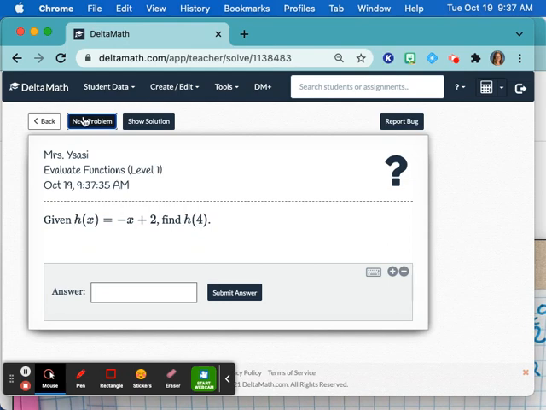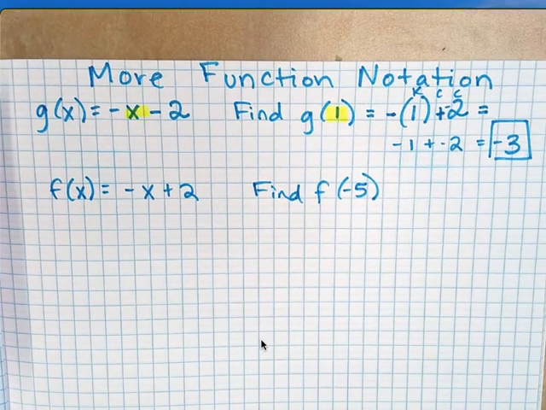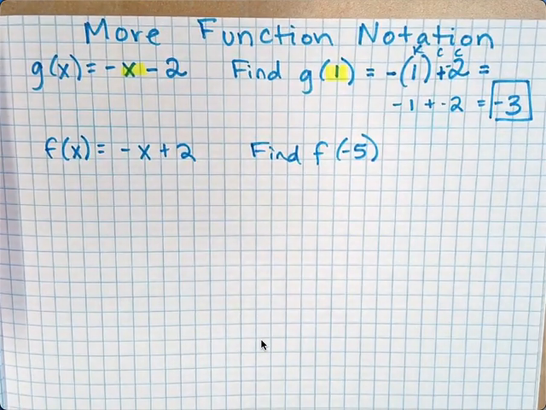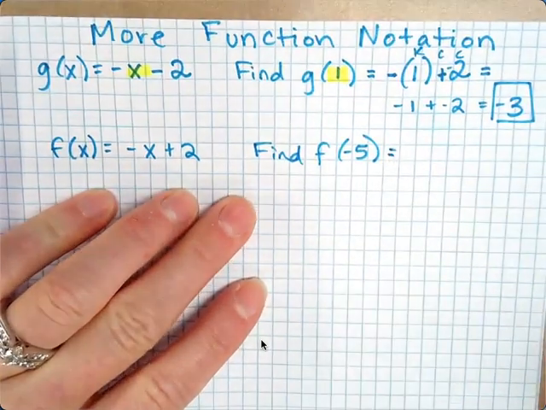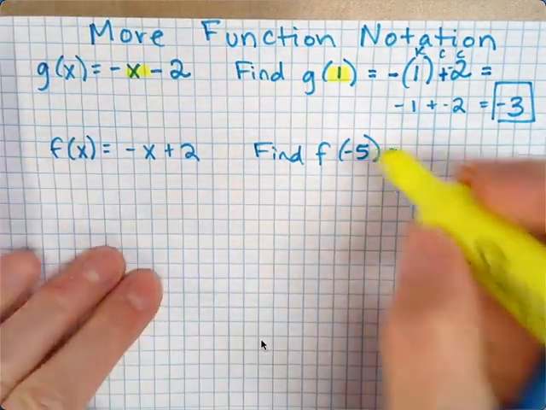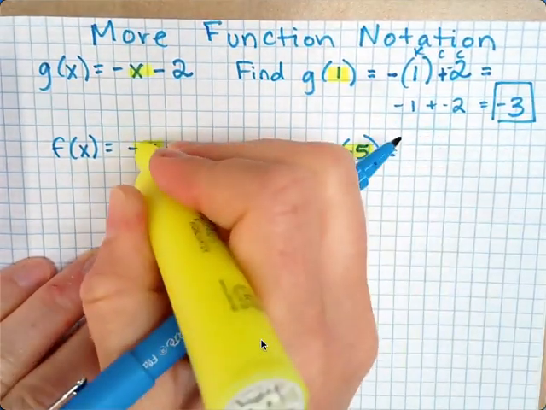Let's do this one. F of x equals negative x plus 2. Find f of negative 5. So that means I'm going to plug in a negative 5 for x.